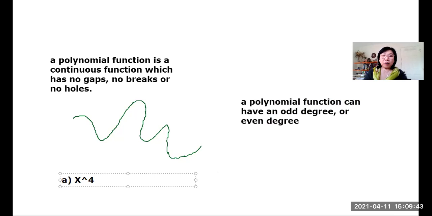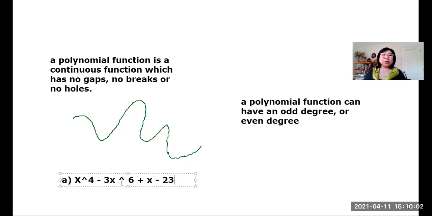So x to the power 4 minus 3x to the power 6 plus x minus 23. So for example, this is the polynomial function.